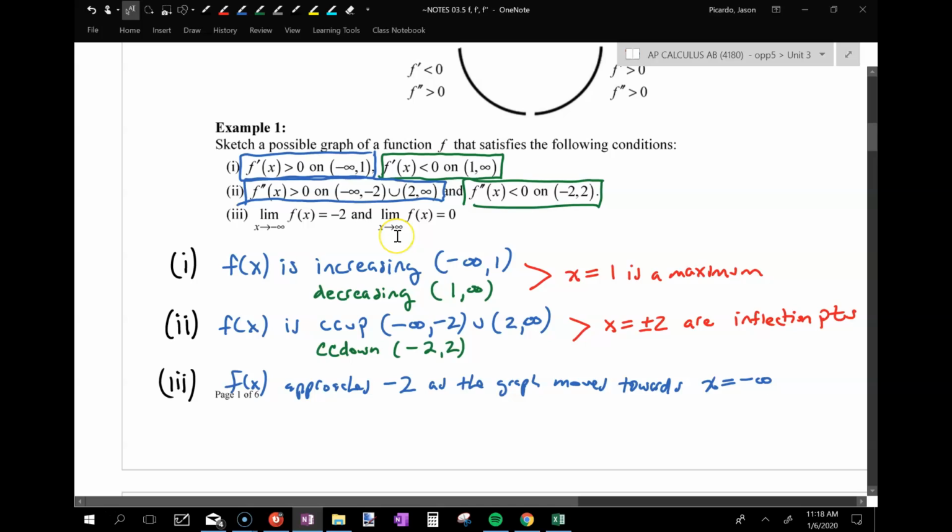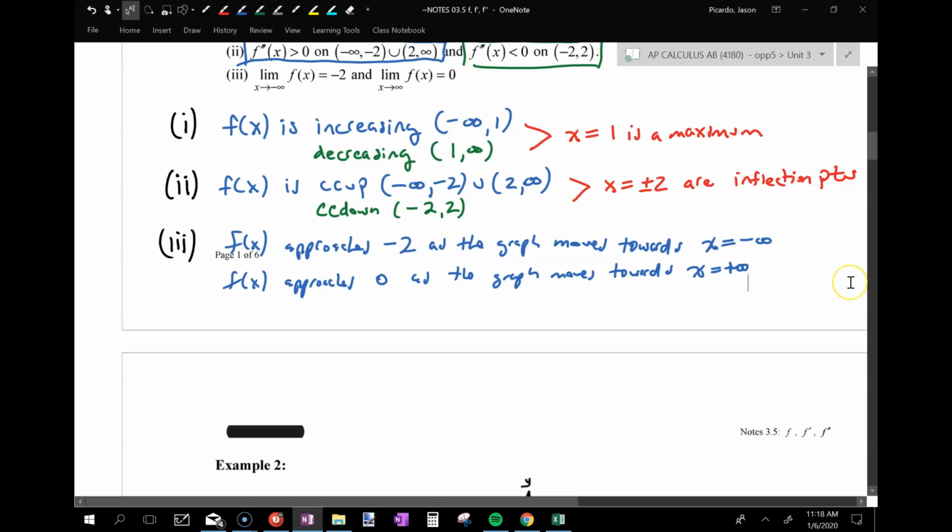As I move to the right, the graph approaches 0, right? So f of x approaches 0 as the graph moves towards positive infinity. All right, take all these facts and let's make a graph. Boom. So here's what we know.